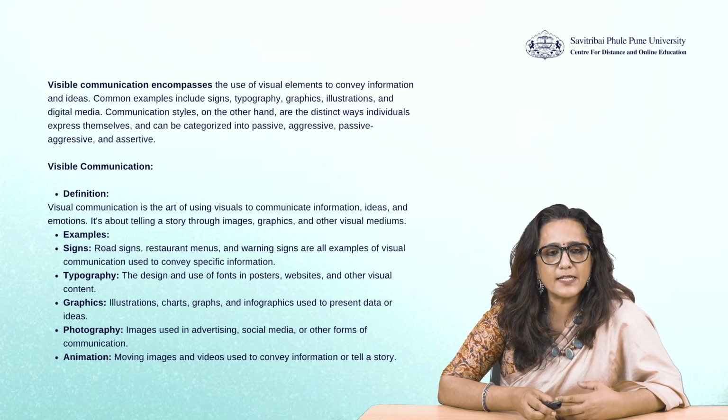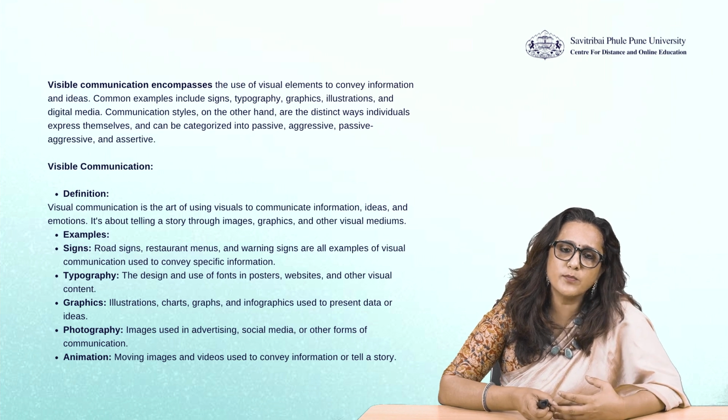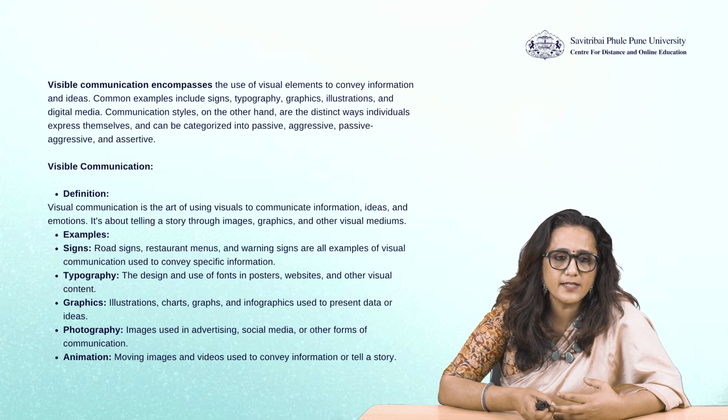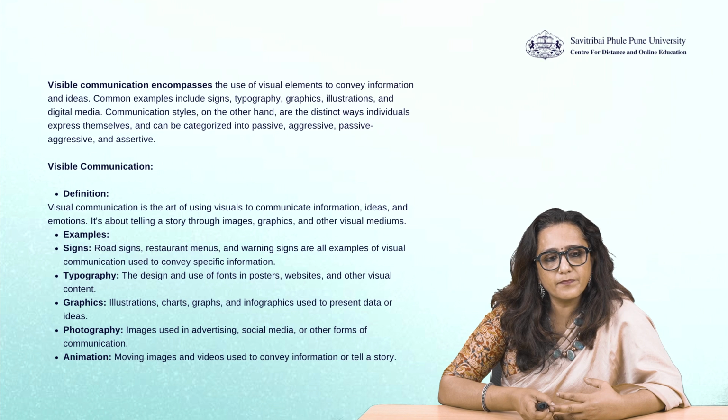If we have to define visible communication in context, it's the art of using visuals to communicate information, ideas, and emotion. It's telling a story through images, graphics, and other visual mediums.